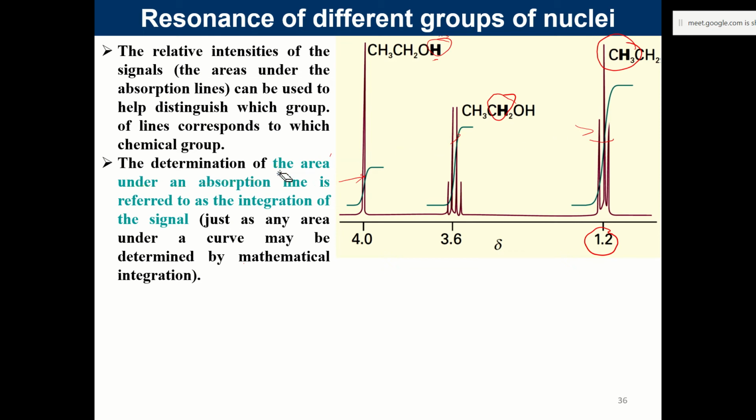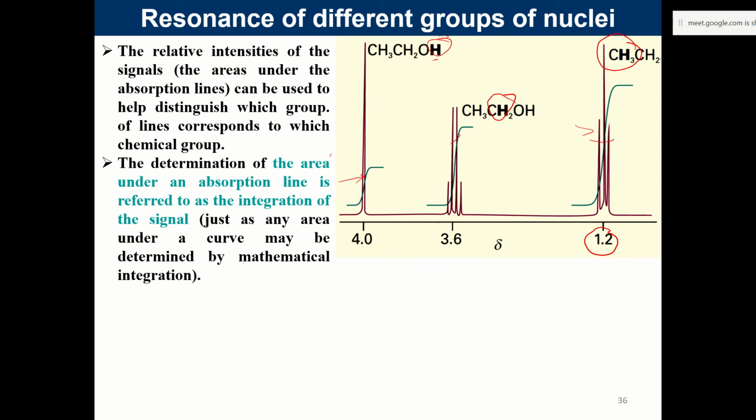If you take that, you find that the area under the curve has a ratio of 3 to 1. So intensity is directly proportional to the number of such nuclei present. You have three nuclei equivalent to each other, having exactly the same situation. That is the methyl protons.